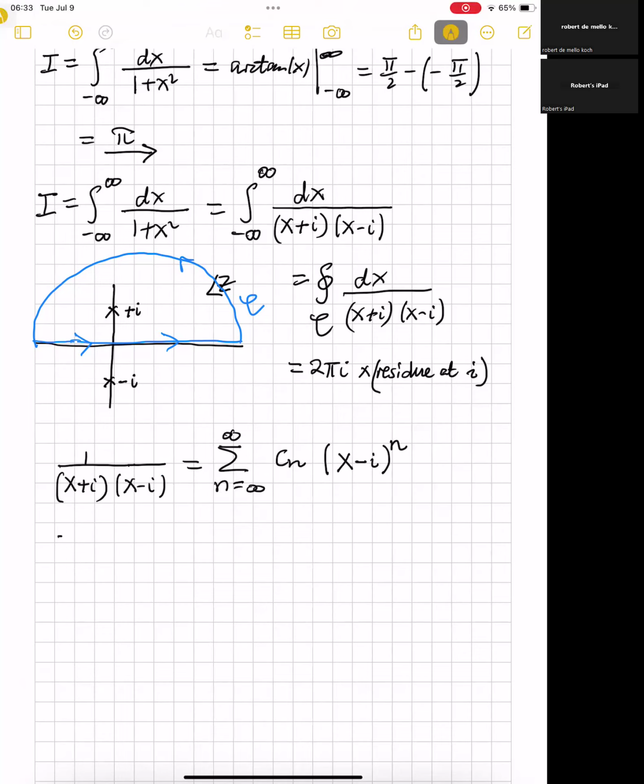Well, we can write this function as 1 over (x minus i plus 2i) for the first bracket, and then (x minus i).